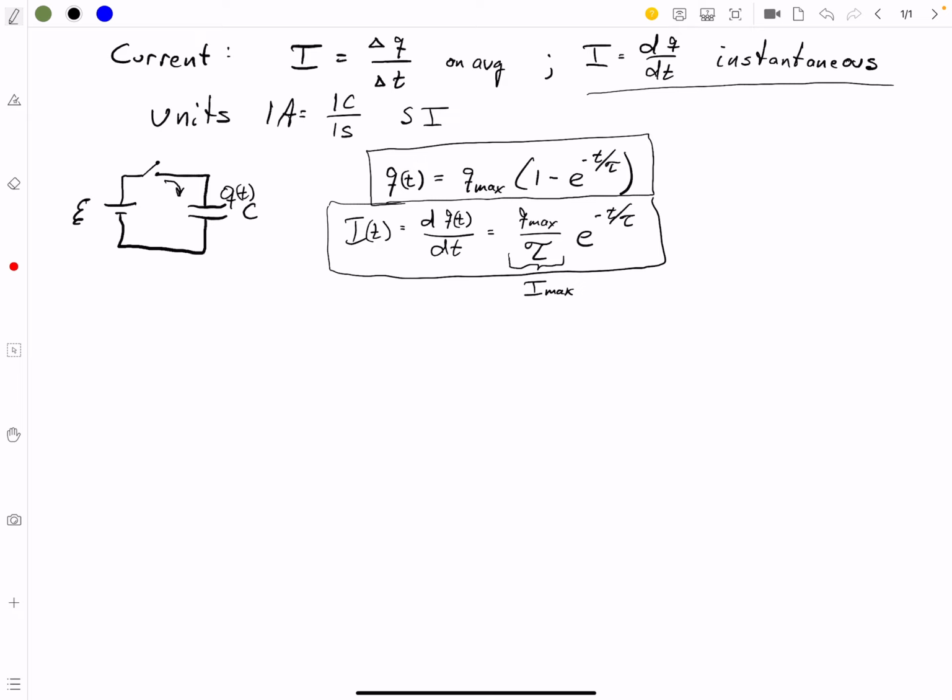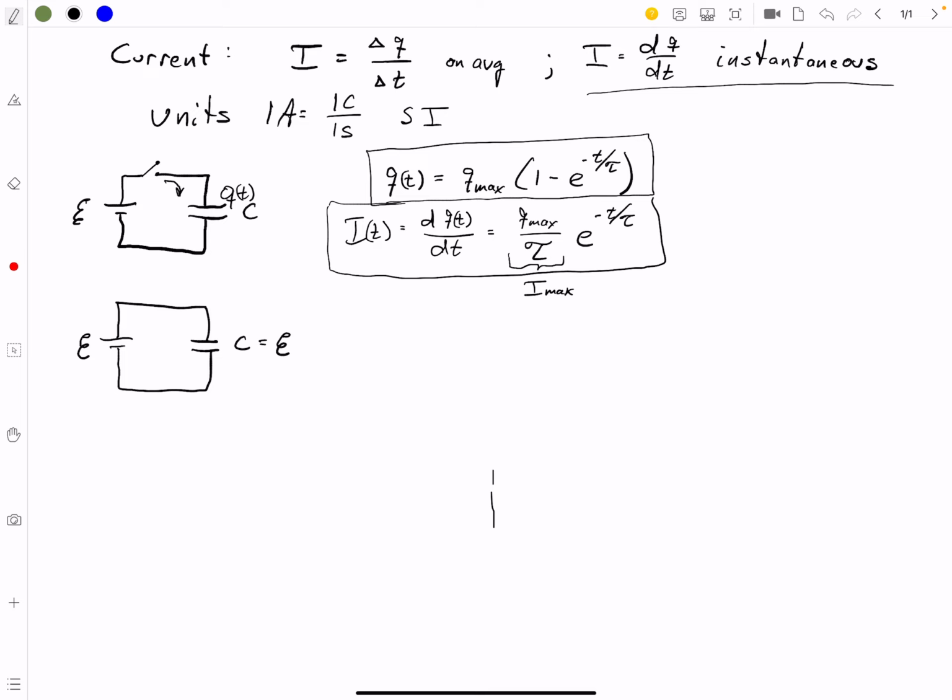Well, that's an obvious thing, because this C will have a voltage across it equal to our driving voltage, our EMF.